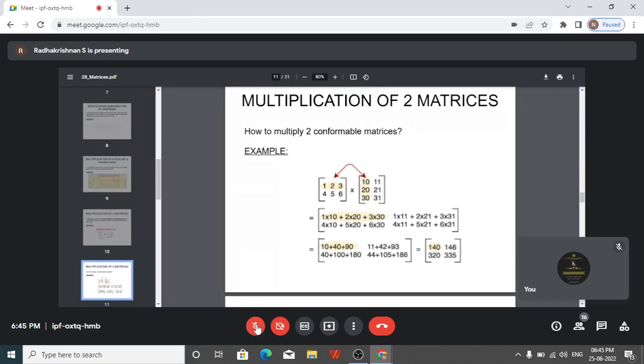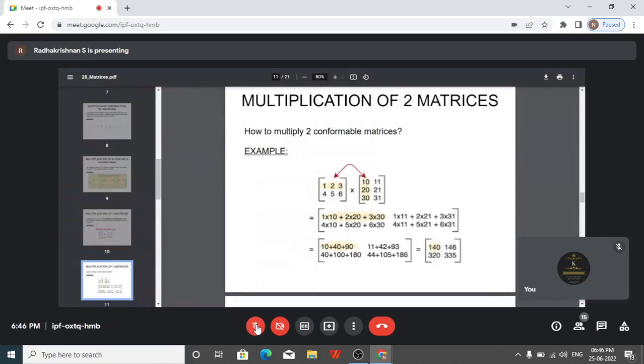If the number of columns of the first matrix is 3 and number of rows in the second matrix is also 3, so அதனால they are conformable. So இப்போ எப்படி மல்டிப்ளை பண்றோம் அப்படின்னா, நம்ம first row of the first matrix and first column of the second matrix நம்ம எடுத்துக்கணும்.